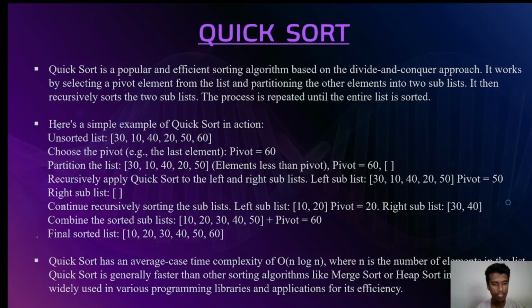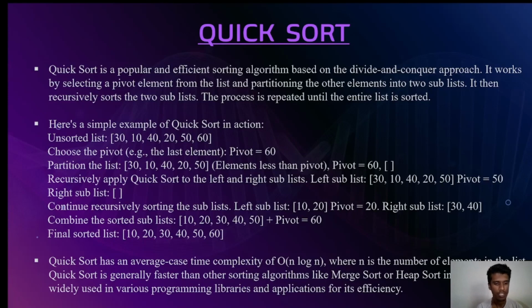Quicksort has an average case time complexity of O(n log n), where n is the number of elements in the list. The best case complexity of quicksort is the same as merge sort, derived as O(n log n).